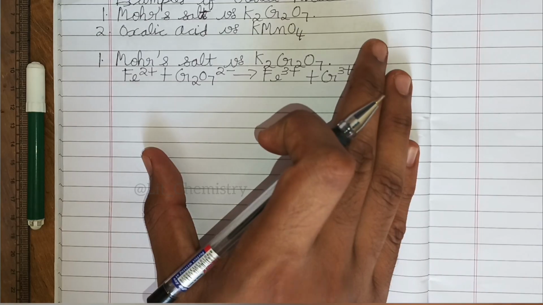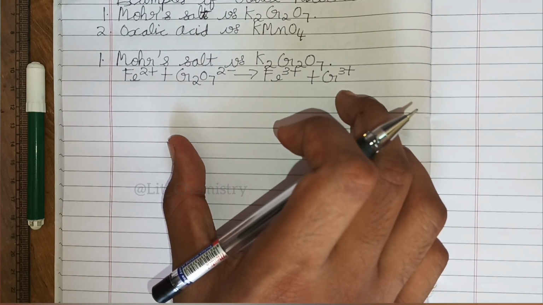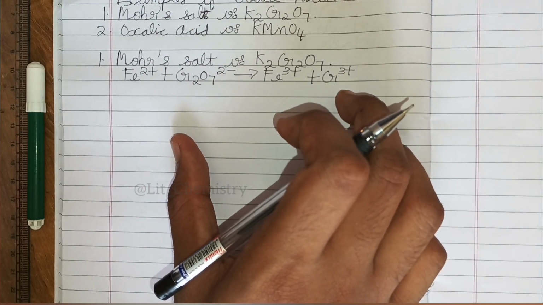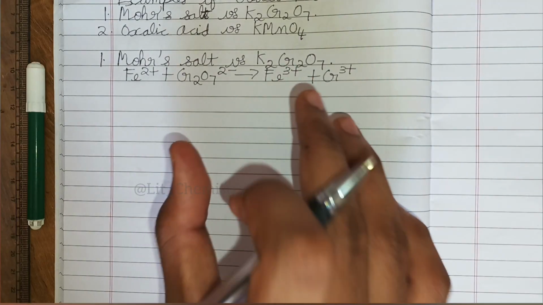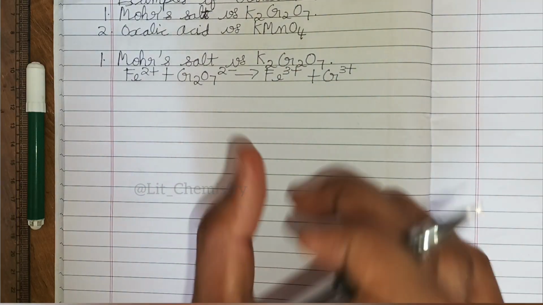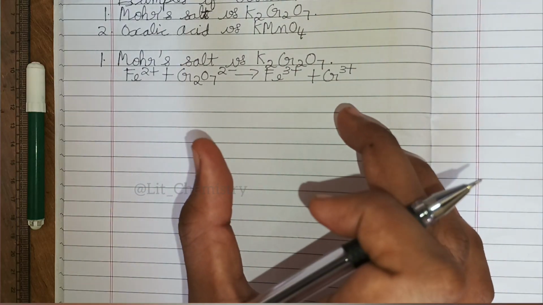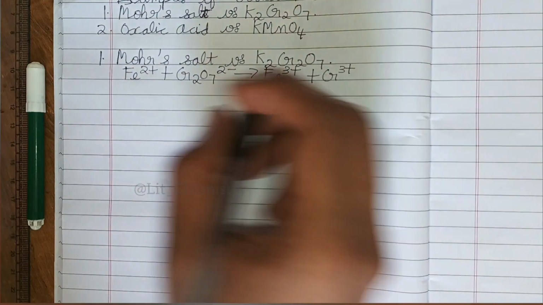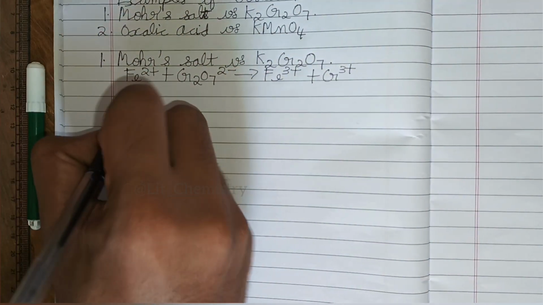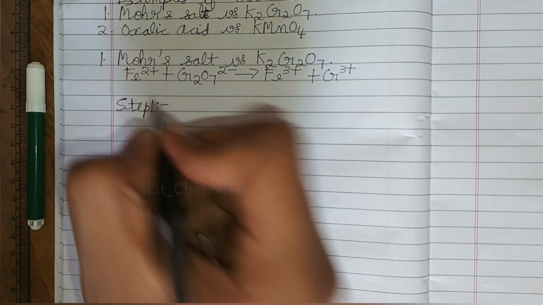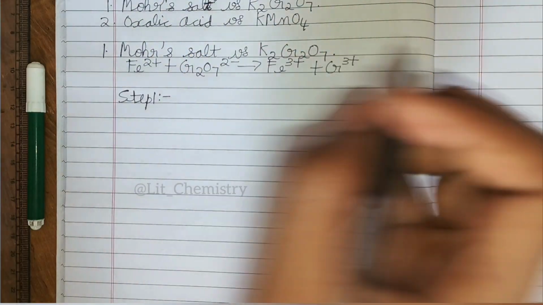So we are going to balance this redox reaction step by step. Let's start officially with the official steps. Don't worry, it's easier than making Maggie. Step 1: write the half reactions.